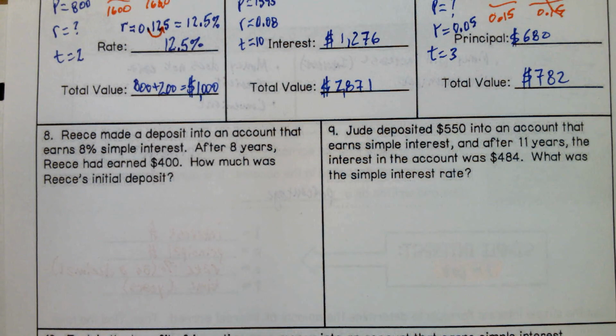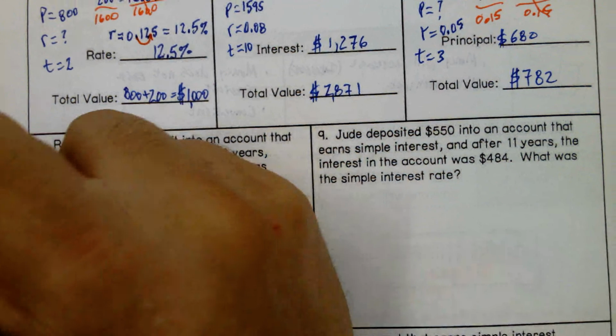What are we looking for? Are we looking for interest, principal, rate, or time? Which one would you say we have to figure out? Principal.